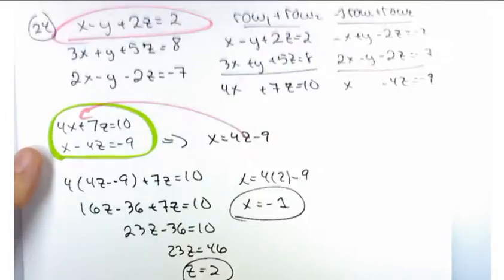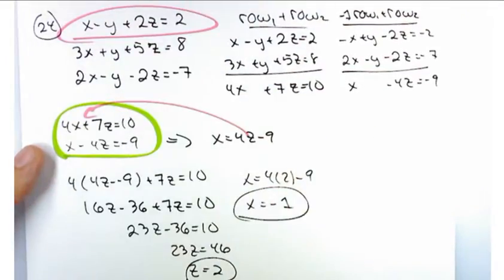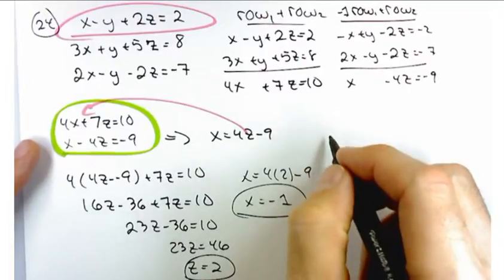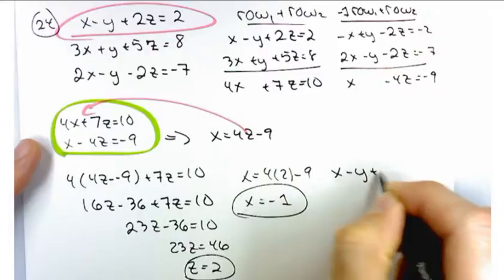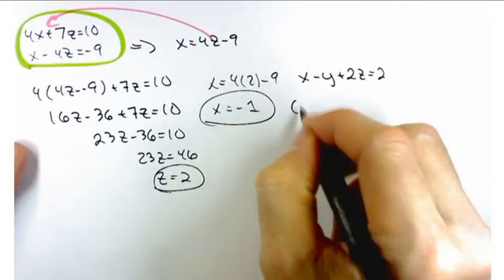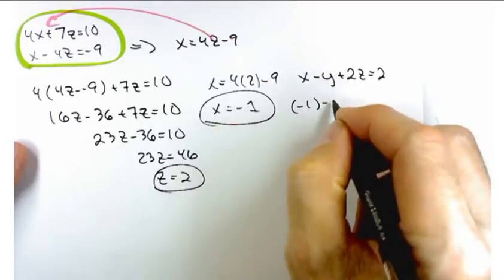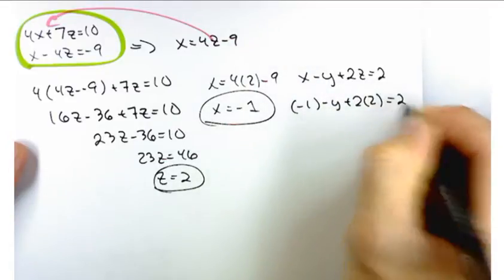Now, if one of these equations looks easier than the other, use that one. I think the first one looks pretty nice, so we'll do that. Let's plug that back into x minus y plus 2z equals 2 and get negative 1 minus y plus 2 times 2 equals 2.